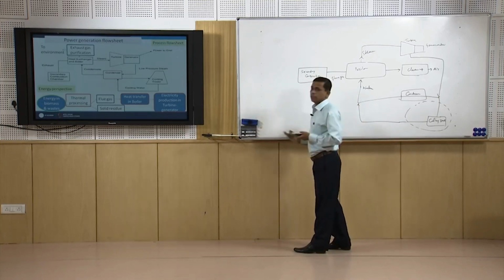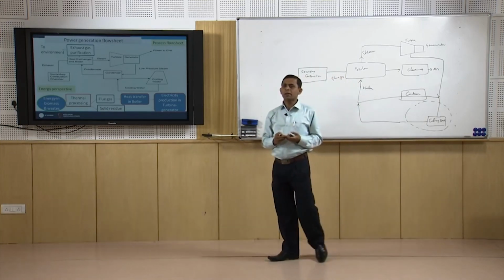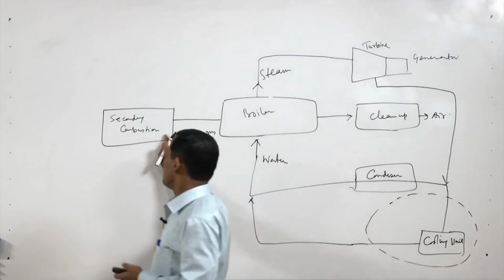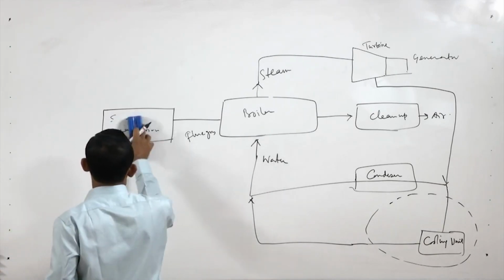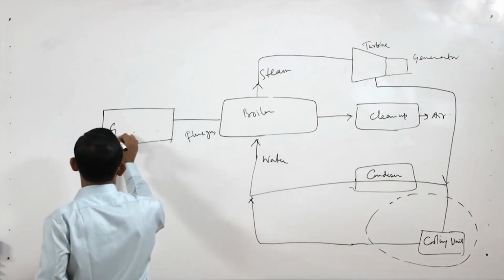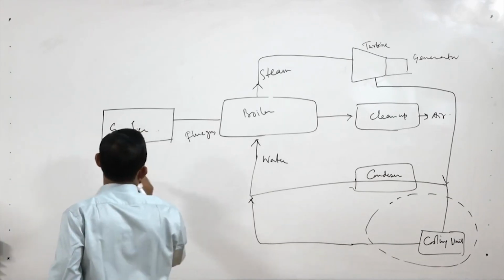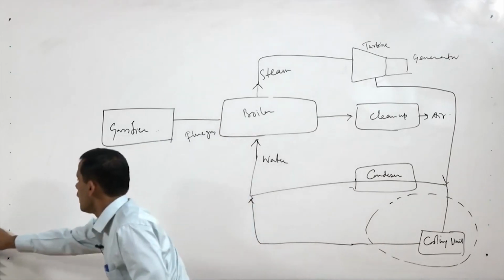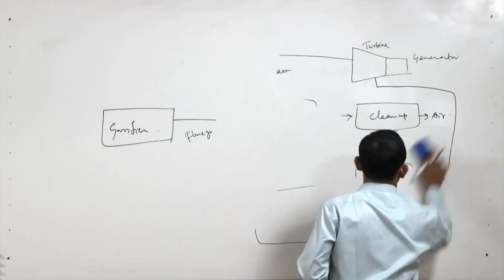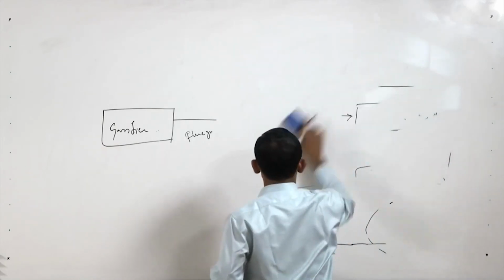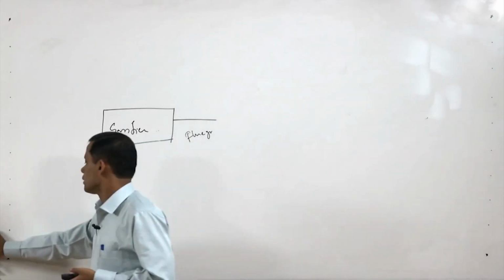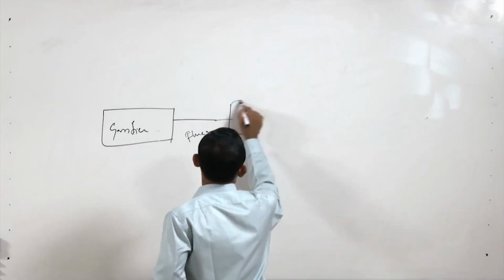Now, if we use the gasification based power plant, obviously this secondary combustion will not be there. So, we will be having the gasifier here, and this will be directly used for the gas turbine for the electricity production. So, it will directly go to the gas turbine.